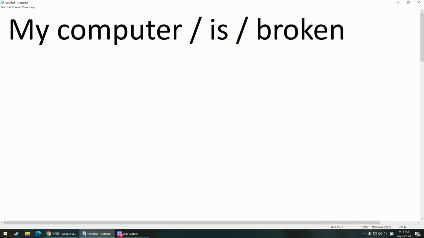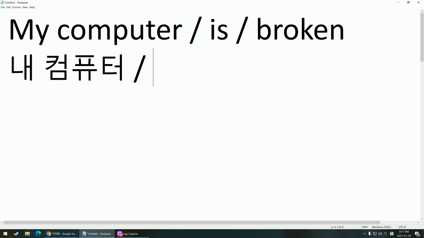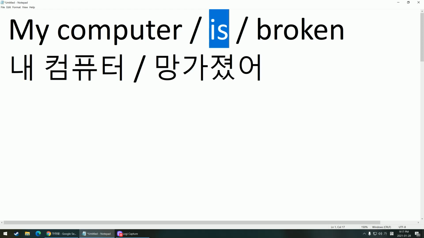So my computer in Korean is 내 컴퓨터, and then 망가졌어. We don't translate the "is" into Korean. We just say "my computer broken." Wow, the word order is coincidentally the same as English again.